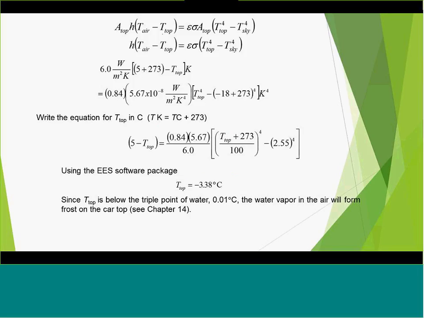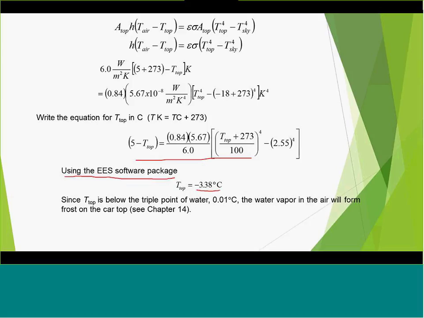What we have now is this Ti minus T top. Now you're going to have the equation. It's written here using the EES software package, so we can calculate this. You're going to have T top equal to negative 3.38 degrees Celsius.